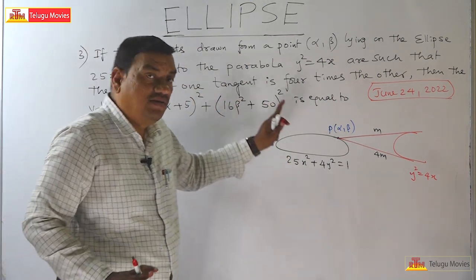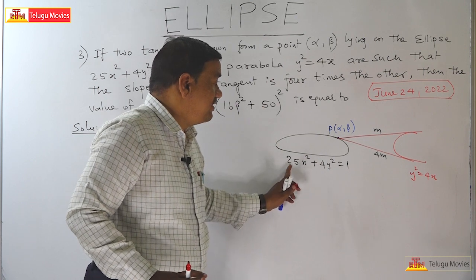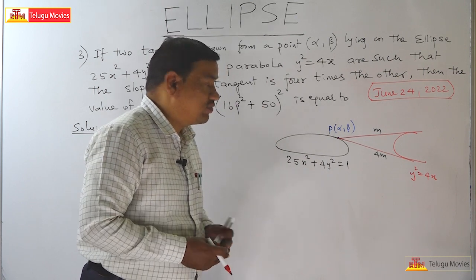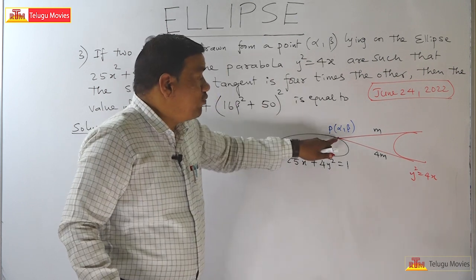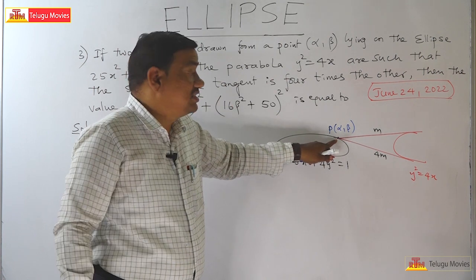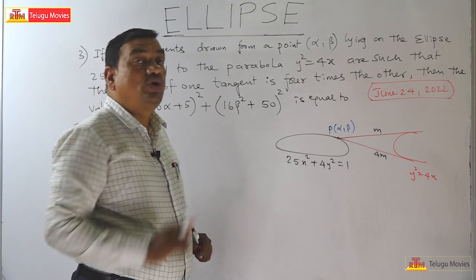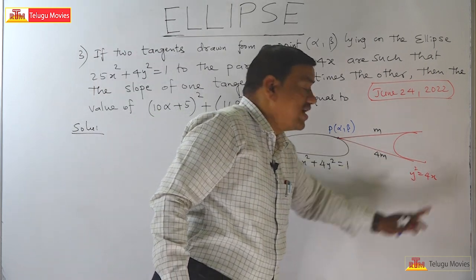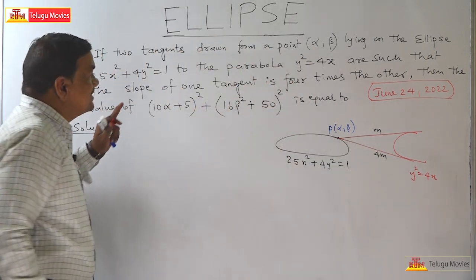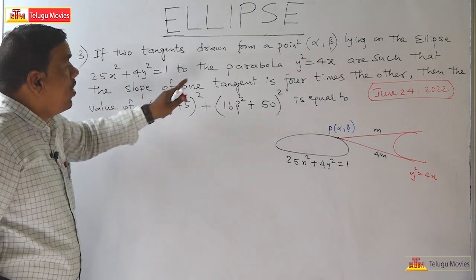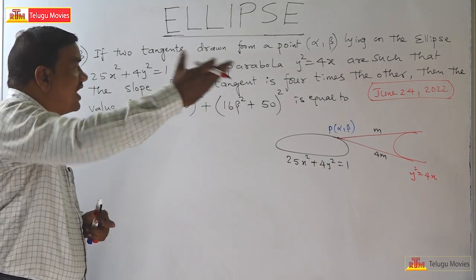So, once again, there is an ellipse whose equation is 25x² + 4y² = 1. From a point on the ellipse, (alpha, beta), he has drawn two tangents to the parabola y² = 4x such that the slope of one tangent is 4 times the other.